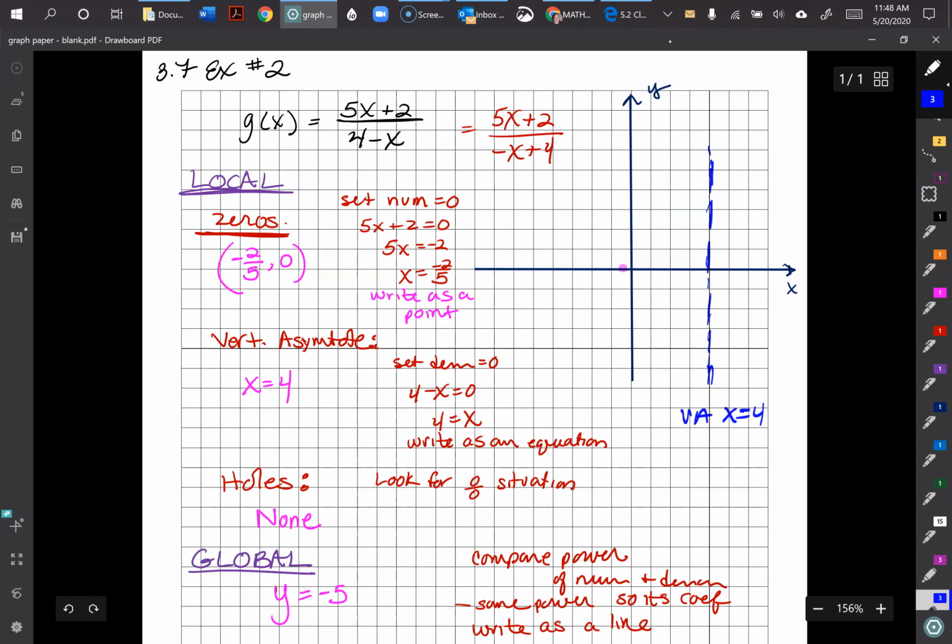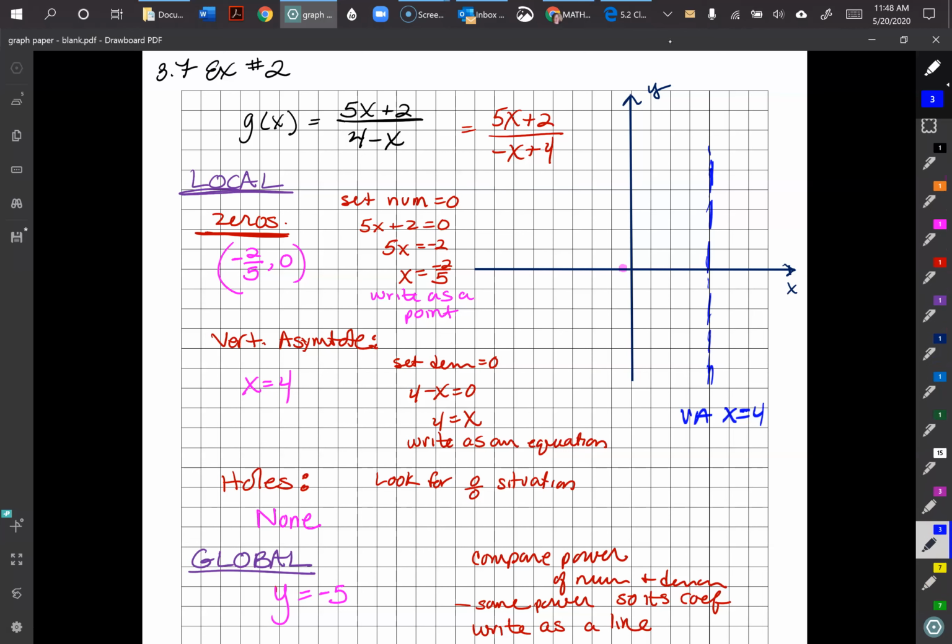So always label that. Then we're going to have our other one, our horizontal asymptote, which we figured out to be negative 5. So let's get that sketched in here. 1, 2, 3, 4, 5.